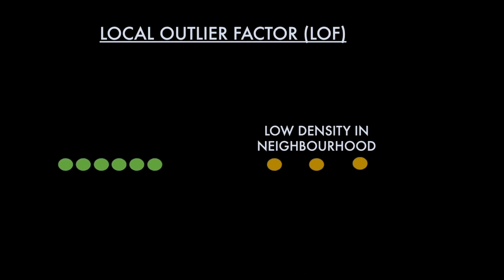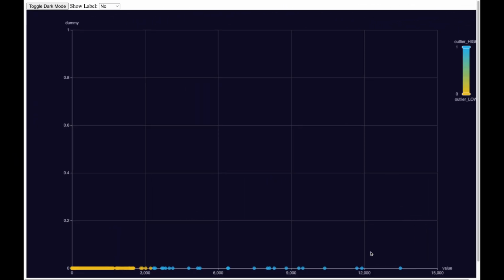All right, my friends, let us now go to the next approach, which is called the local outlier factor, or the LOF. Now here the outliers are those which have significantly lower density compared to the neighbors. So here is the result of LOF, and all the points which are shown here in blue color are the outliers.